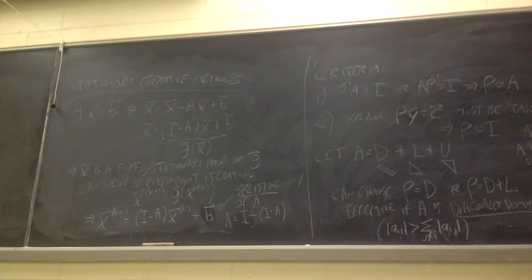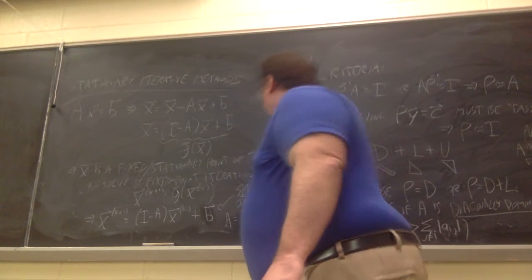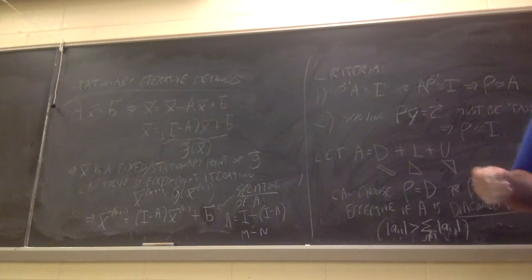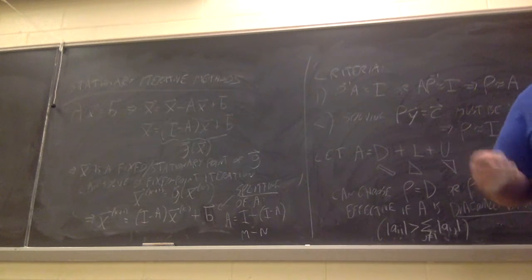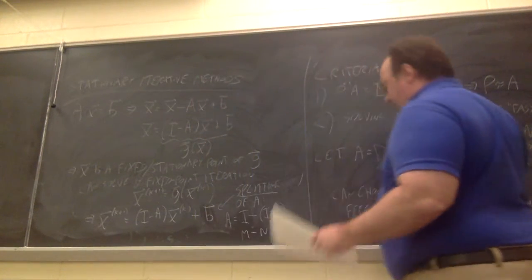And we'll see other splittings of A as I talk about various iterative methods. So stationary iterative methods are all based on some kind of splitting of A, A = M - N. And the particular choice of M and N defines a certain iterative method.